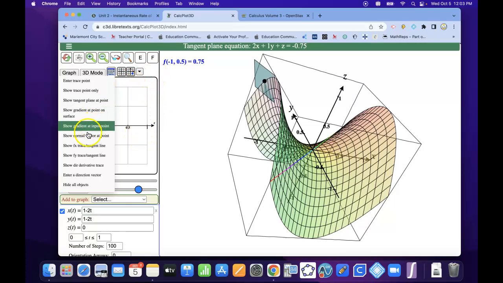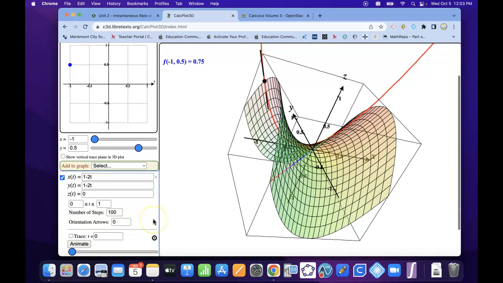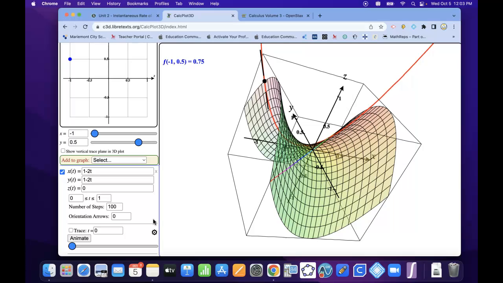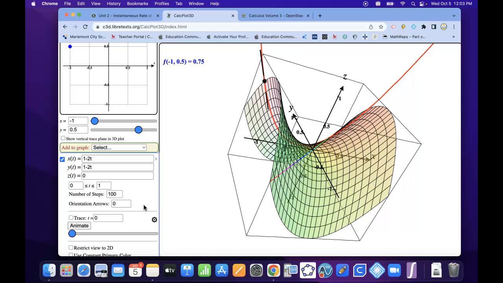So let me show the partial derivative with respect to x at that point. I'm curious to see if it gives me the value of the slope there, because if I knew the value, then I could begin to write the tangent plane. And so that's kind of the problem.